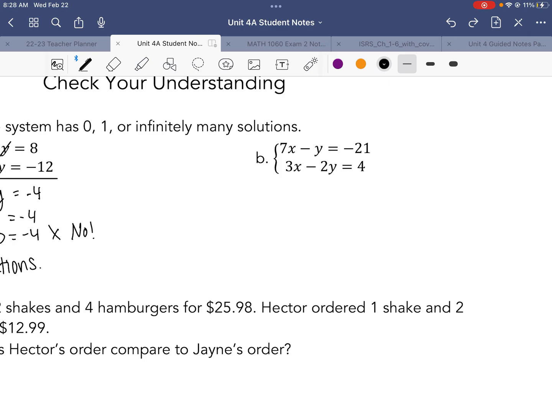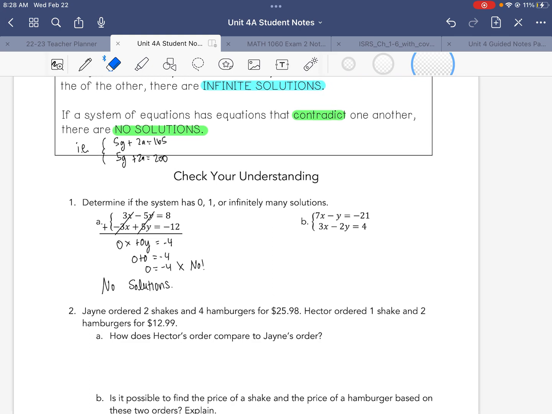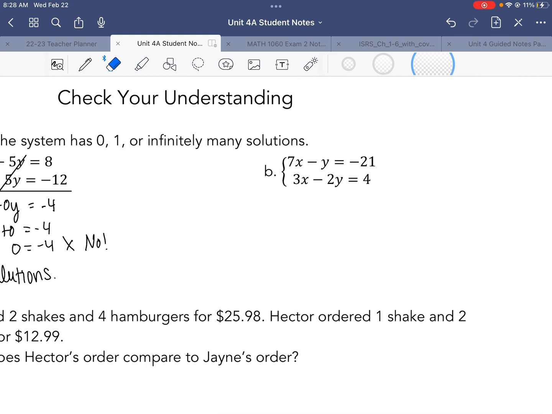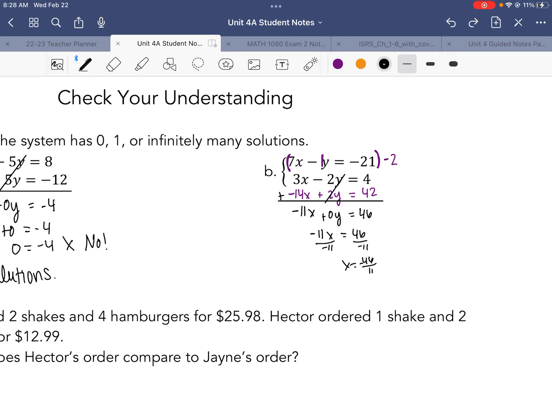Yeah, you could times this by -2 to get there, or just +2, I guess. You could times it by 2 and get to there. But that doesn't hold for this one or this one. So it's not a scaled version of each other. There's no contradiction here. It's not saying anything that would be like, hey, what's the problem? And we know that because of what we did here. We know that there was no contradiction. We were able to get an x value. So without even completing this problem, we know there is one solution.